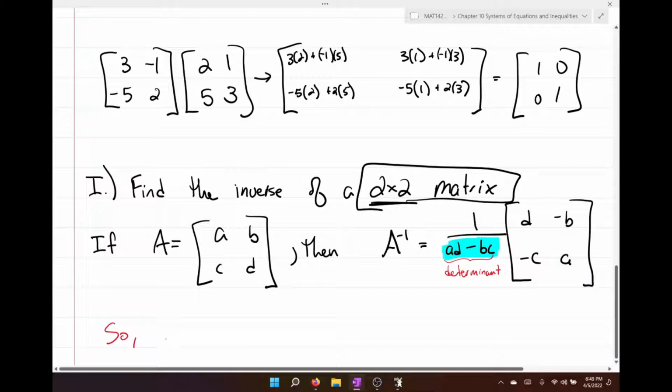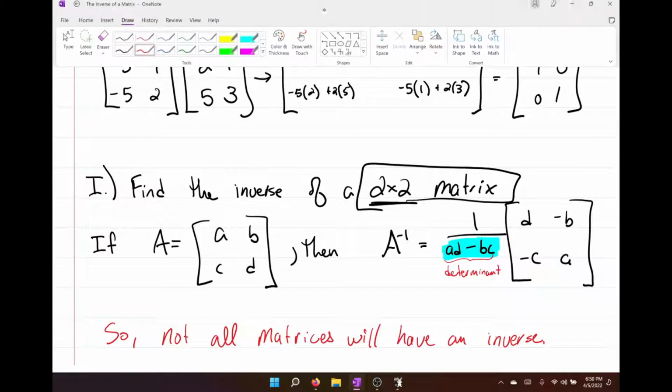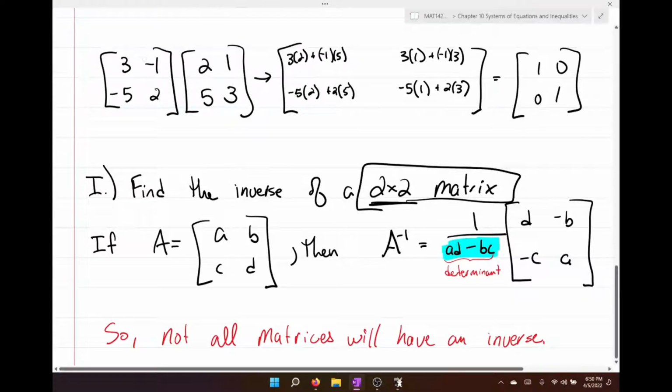So, not all matrices will have an inverse. Just because a matrix is square does not automatically imply that it's going to have an inverse. All right? Now, what's really nice about this is a shortcut formula.